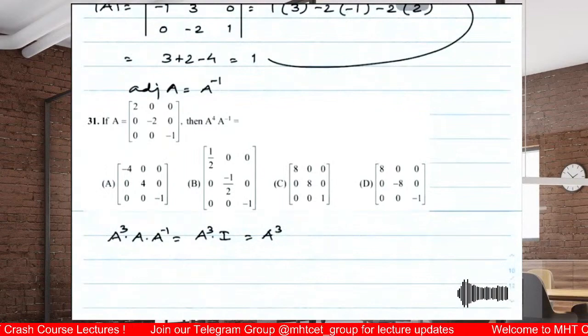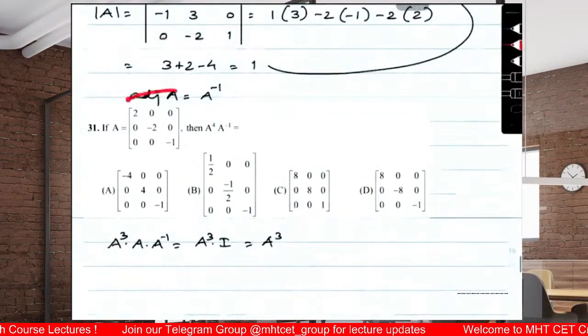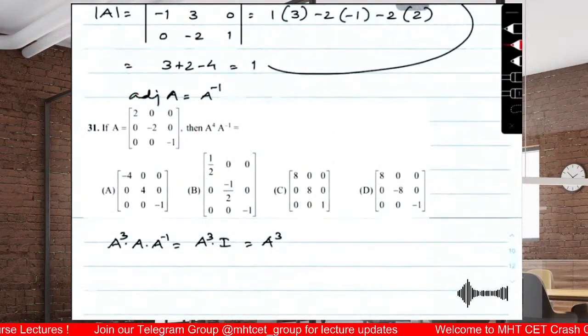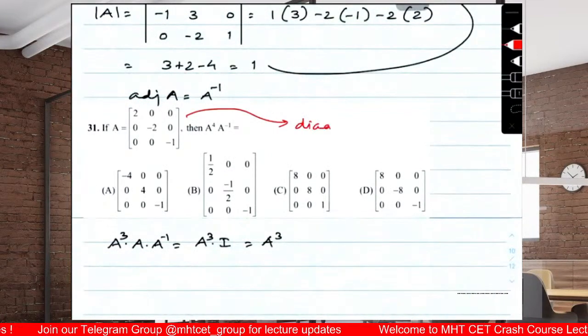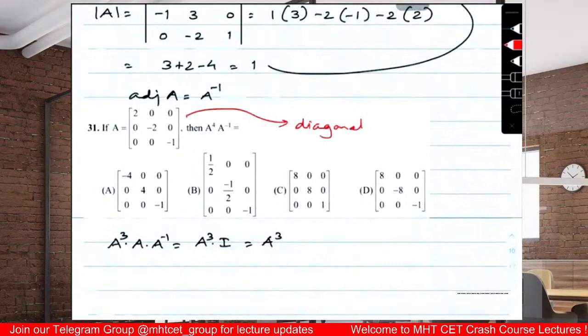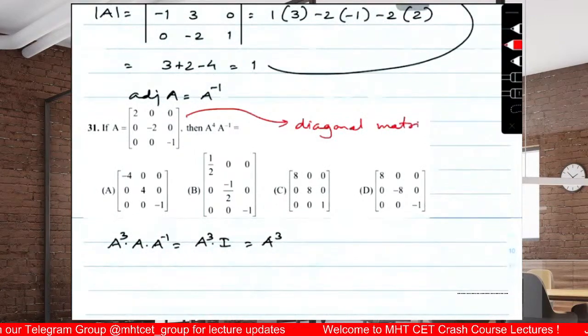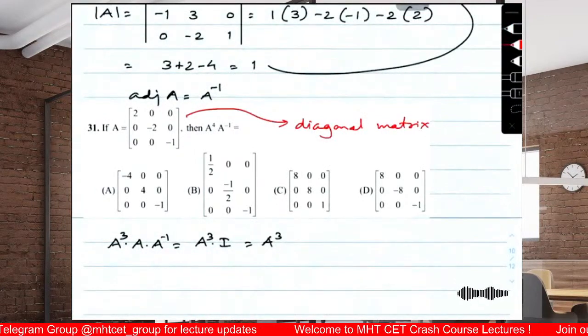Now since this is a diagonal matrix, A cube will be a diagonal matrix. We have to cube the diagonal elements, that's all.